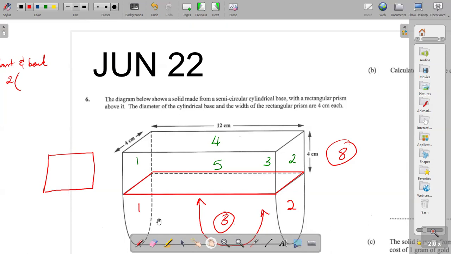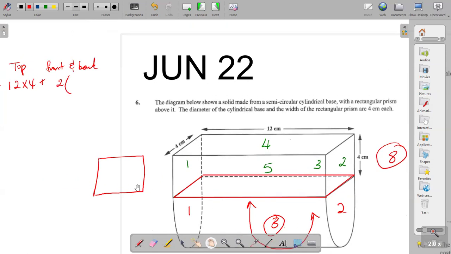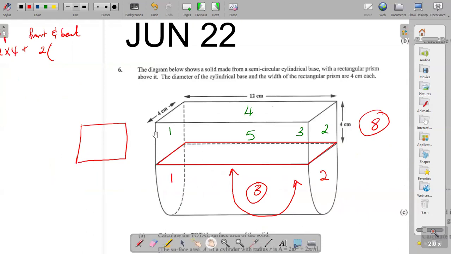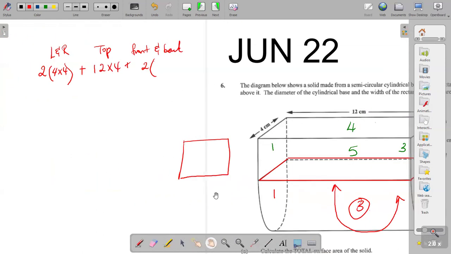Look at the face for the front. What two numbers represent the front? 4 and 12. Everybody see the front? This is the front. So it'll be 4 and 12.